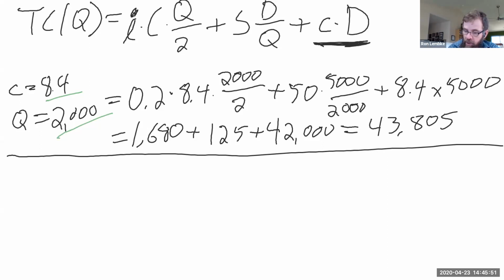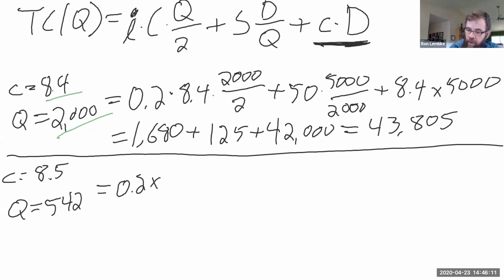All right, so now we're going to look at the next cheapest price, which was the price of $8.50, and we have an EOQ of 542. So we're going to buy 542 units at a price of $8.50. So the interest rate is again 0.2. The cost is 8.5 now.